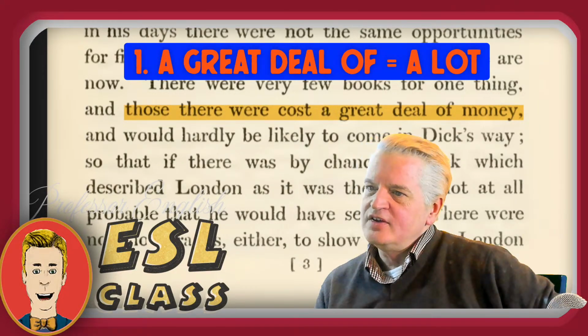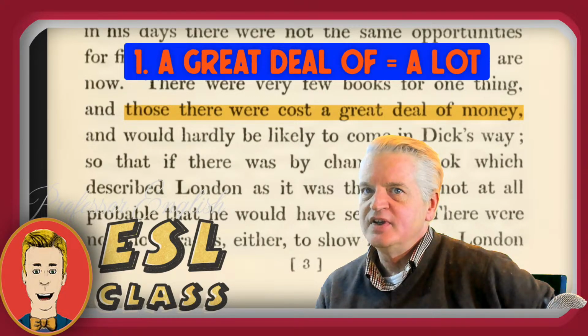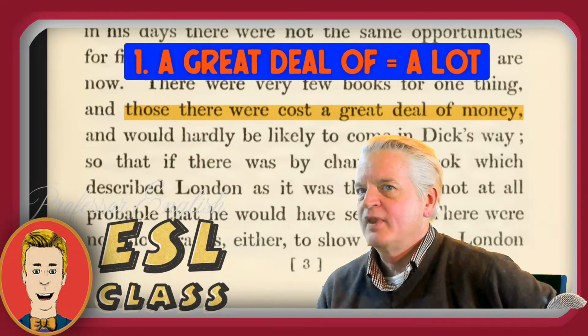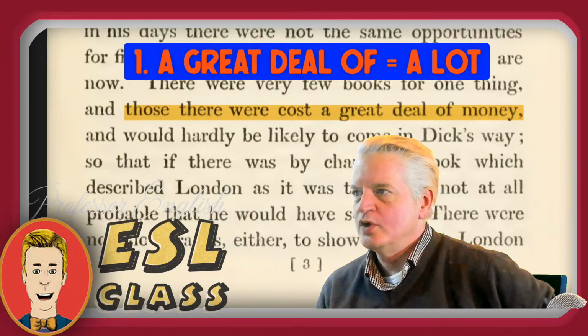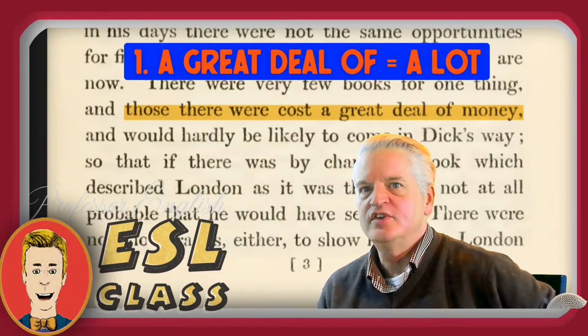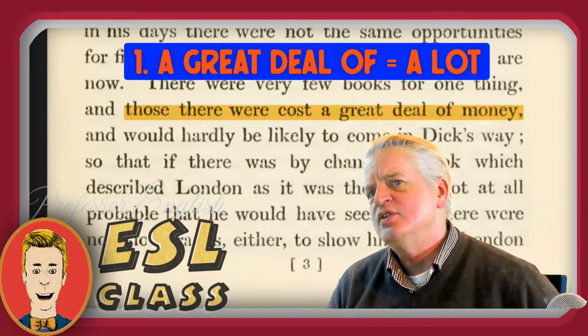What is the opposite of expensive? Do you know the opposite of expensive? Cheap. So if I make a sentence, books were cheap. How will you ask a yes-no question with books were cheap?